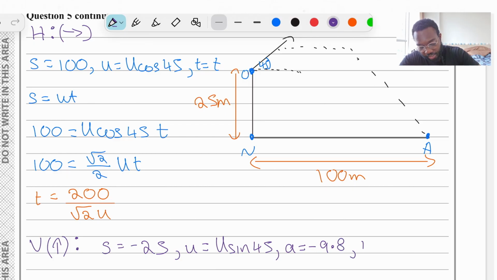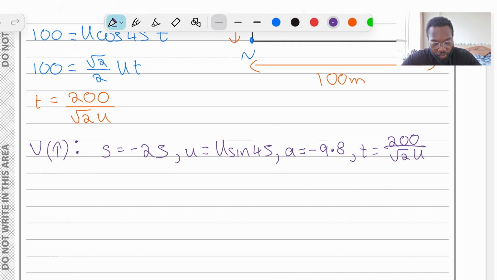In this case, our t will have to be the same as the horizontal component. So therefore, we can say that our t is going to be 200 over root 2u. And now we can just work this out. That should be able to solve it for us, because now we've gotten rid of our two unknowns. Before we had two unknowns, u and t. Now we just have one unknown, which is just u, and we can work this out.